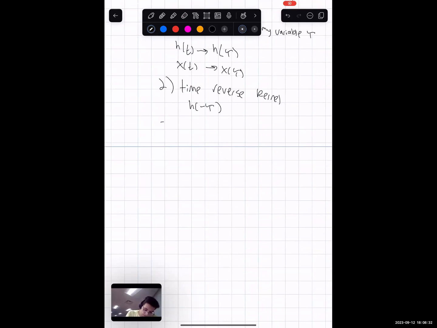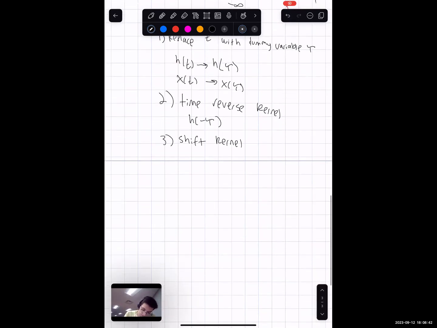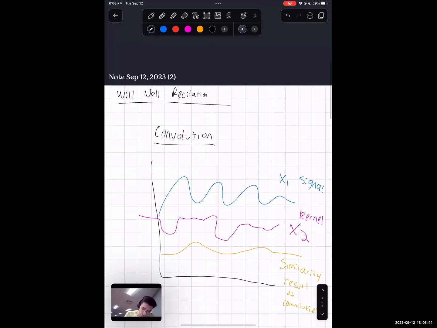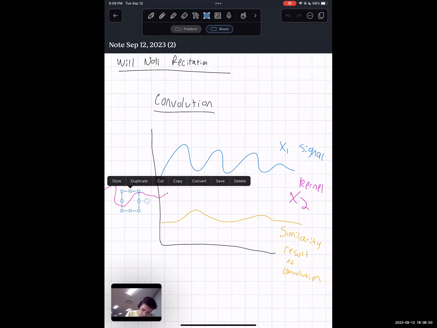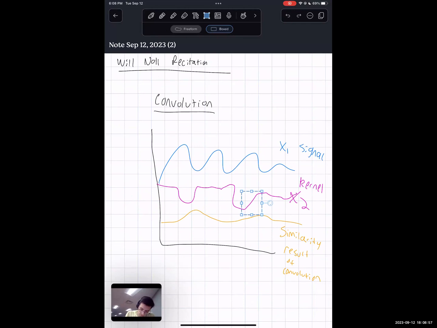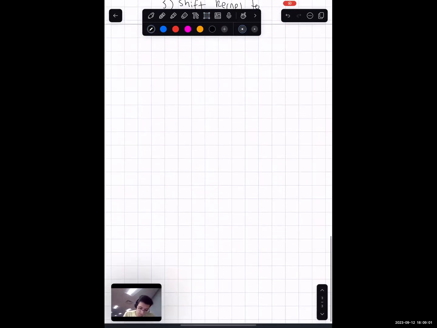And then we're going to shift h of tau to the left, all the way to the left. Remember how I started off all the way over here? That's the first step, where there's no overlap. So we shift it all the way to the left, and then we slowly move it to the right, finding areas of overlap, and then taking the integral.